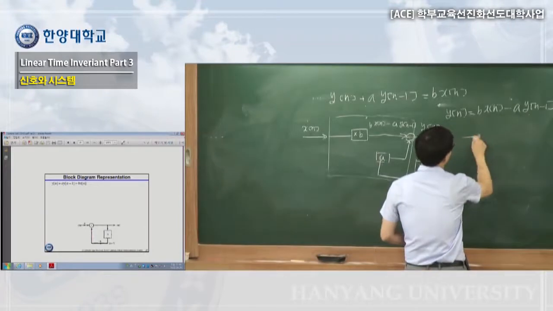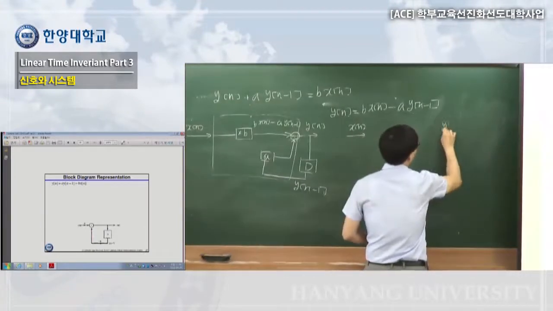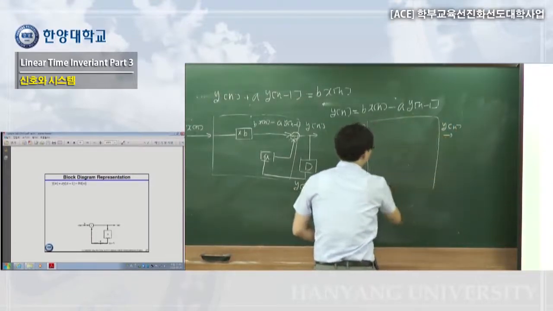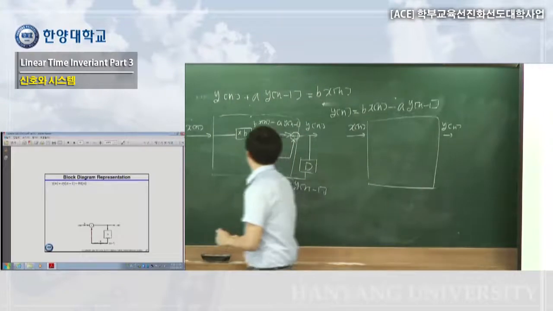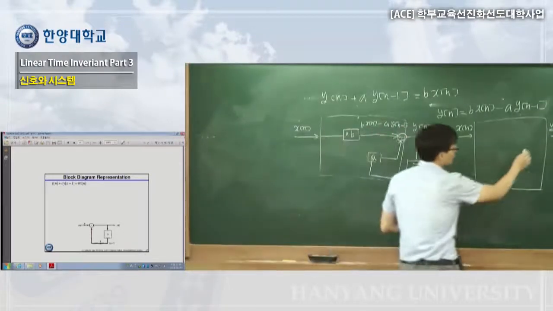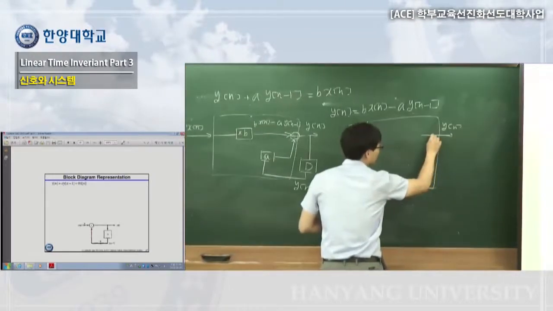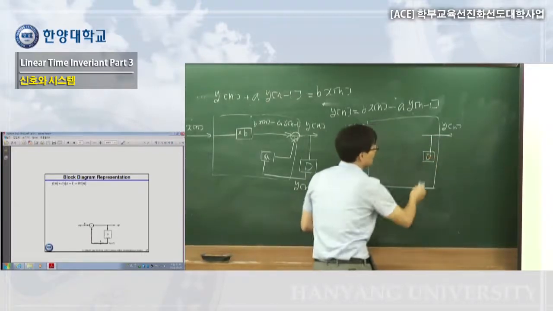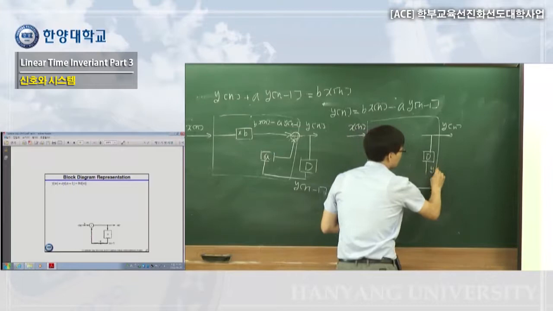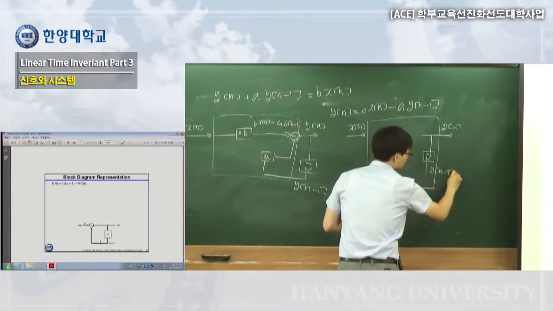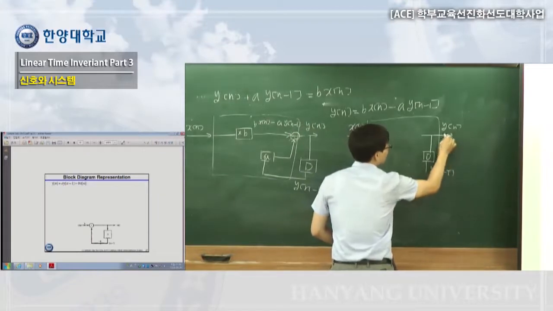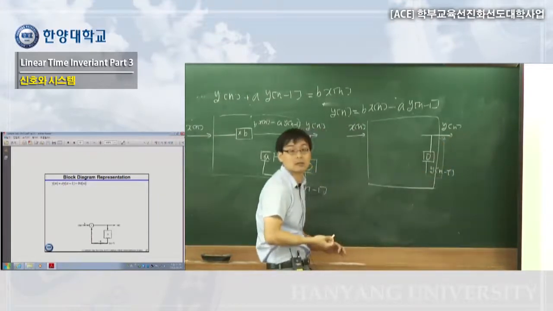So the input is x, and this output is y. So we still do a black box. The concept still holds that we take out the y and delay it, but we need this. And previously we put them again to here and made a minus, right?